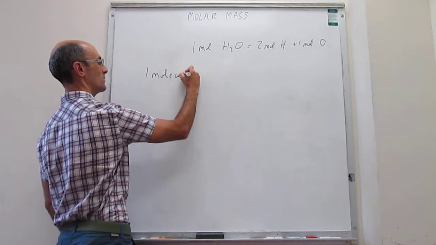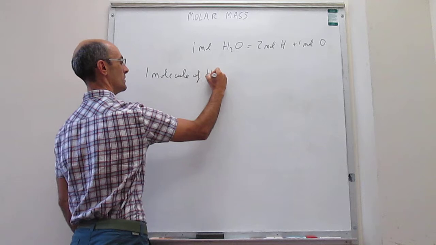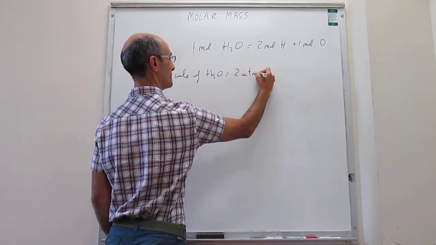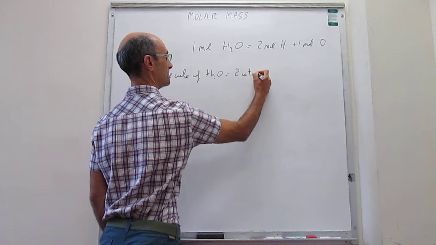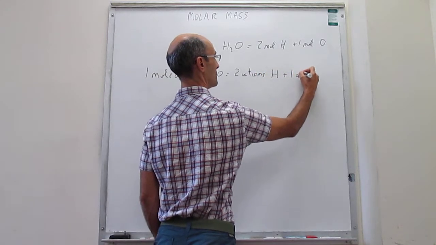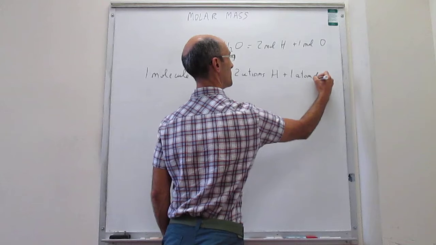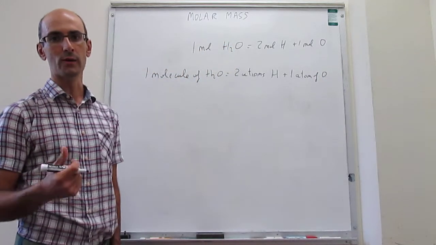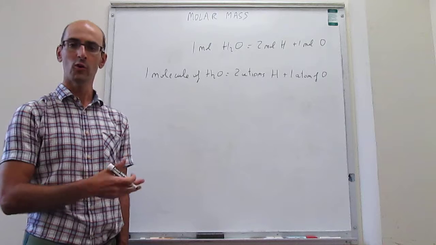So 1 molecule of H2O, water, contains 2 atoms of H and 1 atom of oxygen.